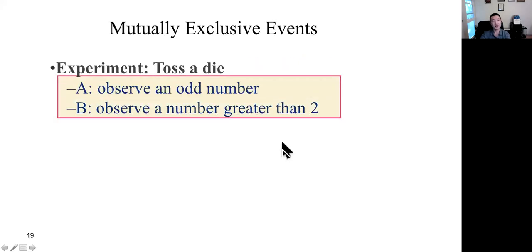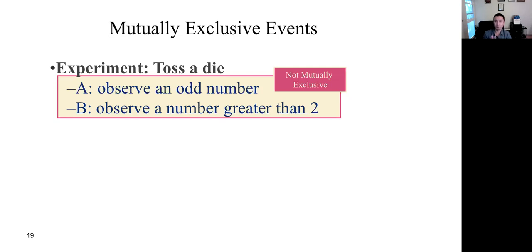For example, again, toss the die. Event A is we have an odd number. Event B is we observe a number greater than 2. Are events A and B mutually exclusive? A includes 1, 3, and 5.